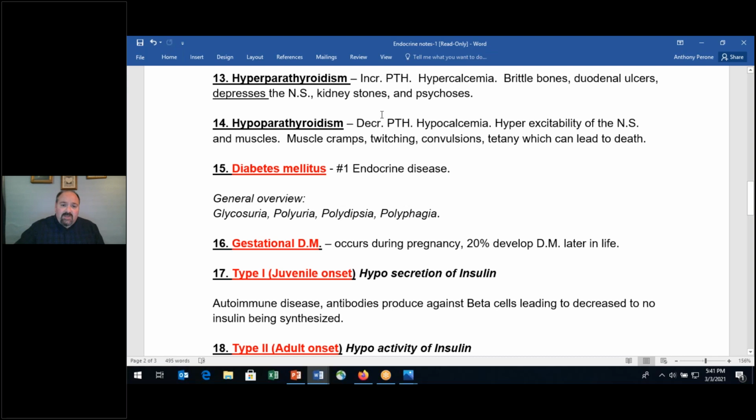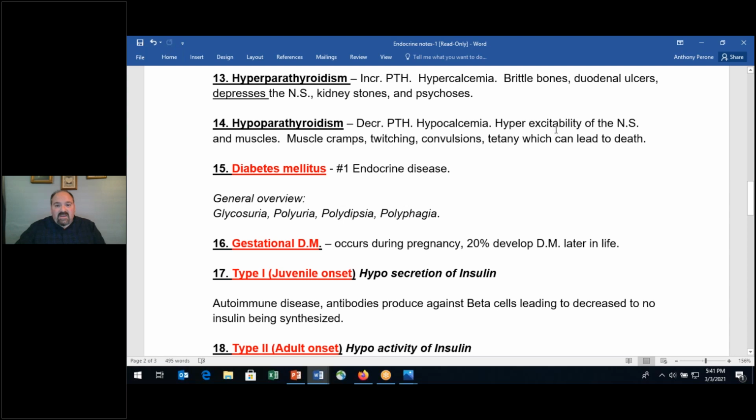Hypoparathyroidism, right? Low levels of PTH. So this hypocalcemia, if one depresses, these have opposite effects. That's the better way to put it. Opposite effects, so hyper and hypo.